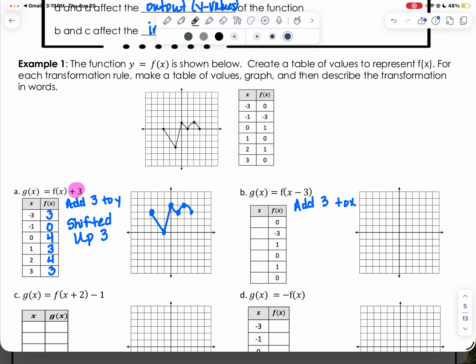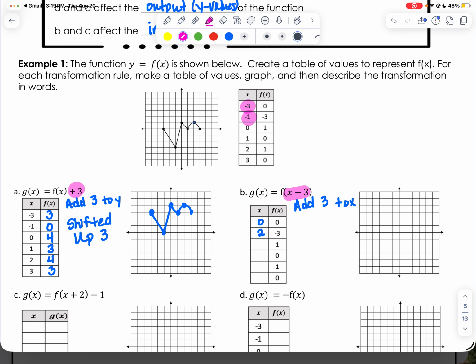Remember, when we have numbers grouped with x, it changes the input or the x values. All right, so I'm going to take this first x value, negative 3, and add 3 to it, and that will give me 0. Then take your next x value, negative 1, and add 3. That will give you 2.